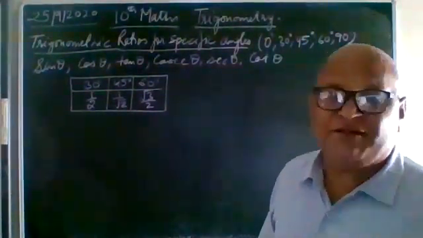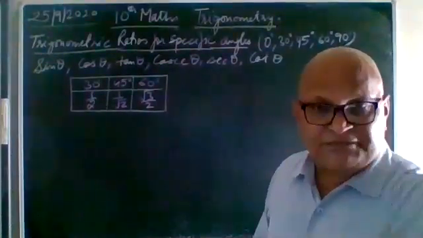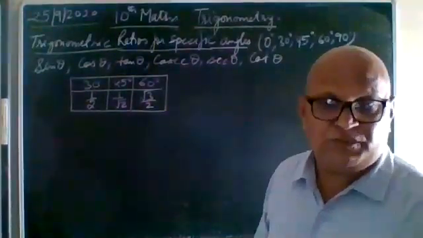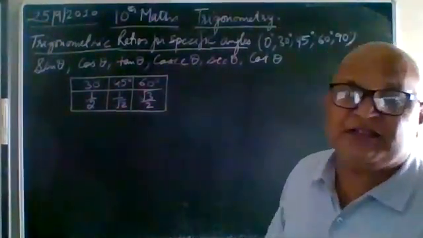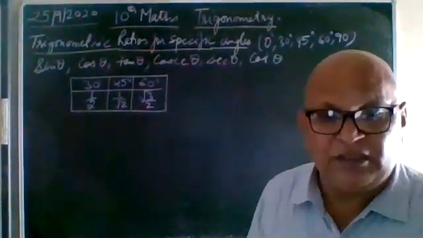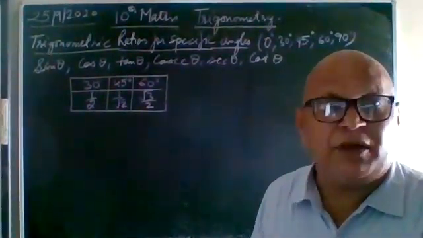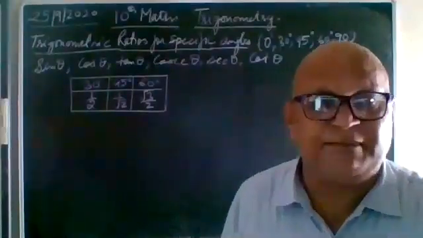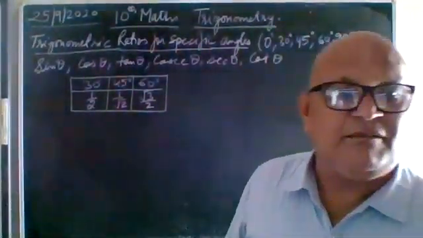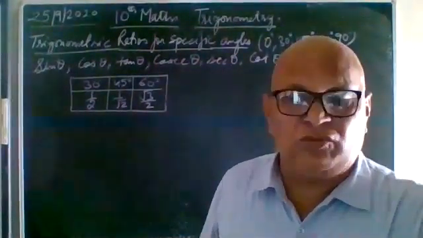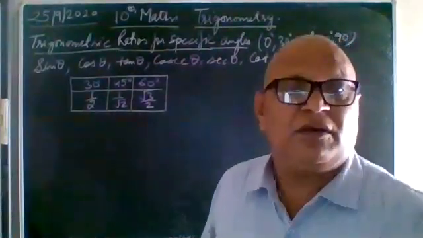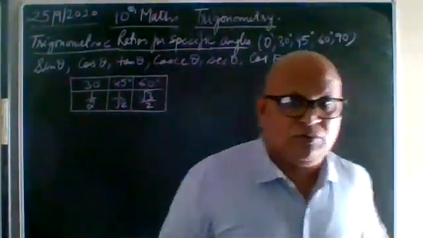If I say sine 45, that is in the middle, and the middle is 1/√2. Most probably the values of 45, 60, 30 are needed to solve the question. So that is very important. So you have to remember that. After that, sine 45 degree is 1/√2, sine 30 is 1/2, sine 60 is √3/2.